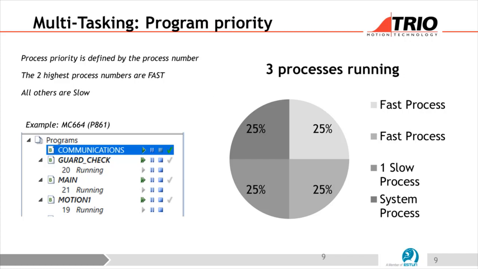So I've only got 3 programs running, but there's actually 3 places it can run every millisecond. By the way, nothing in this means that if I've got a program written, in that time there, it will go from top to bottom of the program. We have no defined scan rates. It will simply run as many of the lines of the program as it can in the time that it's given. So if that's 25% of whatever milliseconds it is, it might run 30 lines of code.